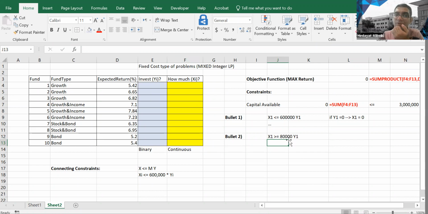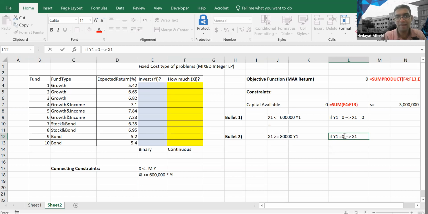X1 greater than or equal to 80,000 times Y1. Now let's see what happens with this one. If Y1 is 1, meaning that you made the decision to invest in fund 1, X1 has to be greater than or equal to 80,000.